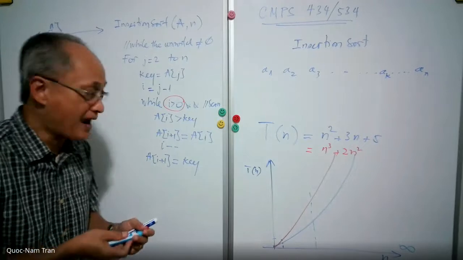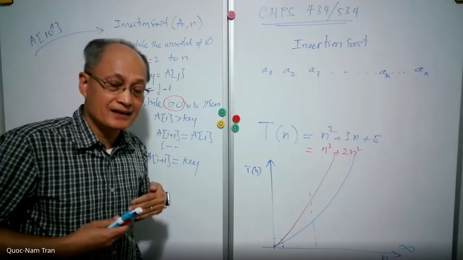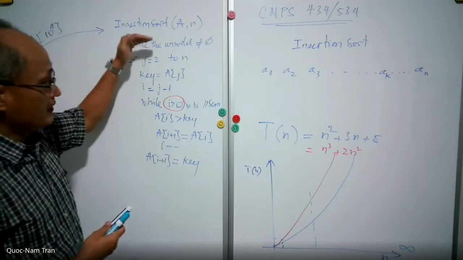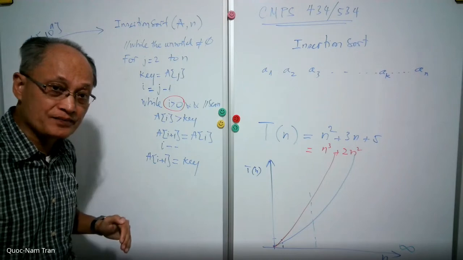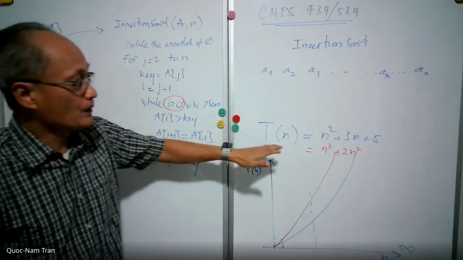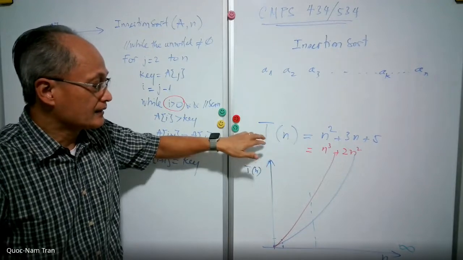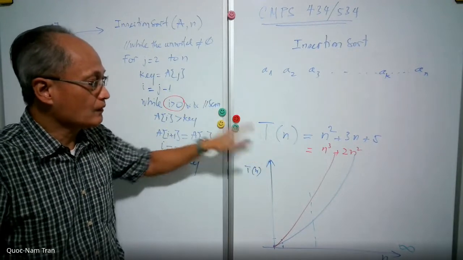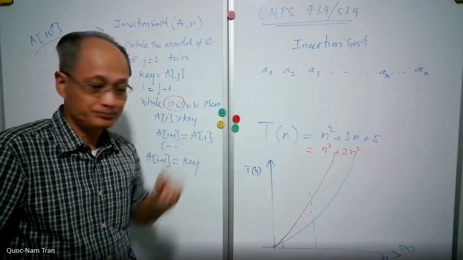That is the main idea of how we can predict the efficiency or the performance of an algorithm. So basically, we want to know how many steps this algorithm takes, we call it the running time of the algorithm for the input of size n, okay?